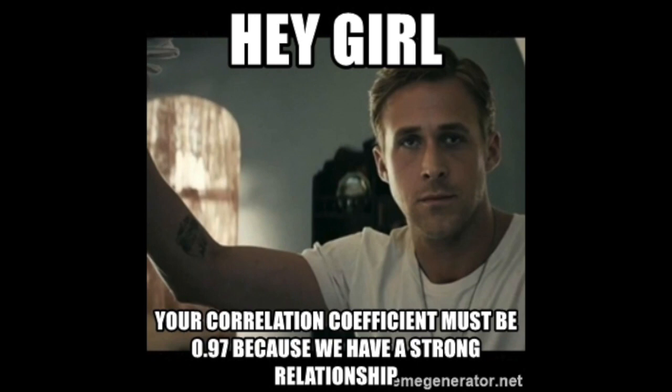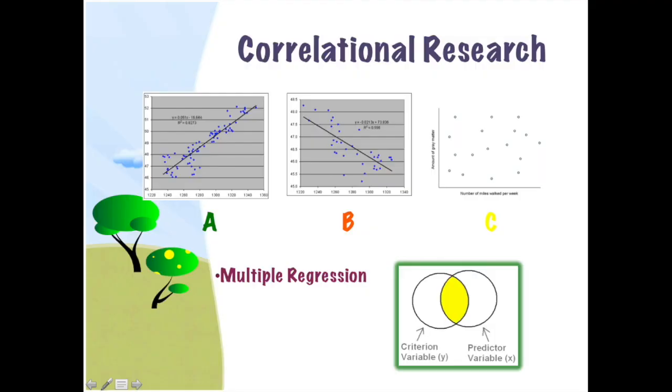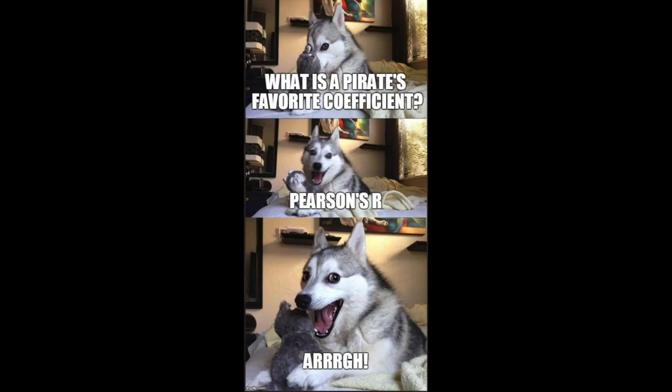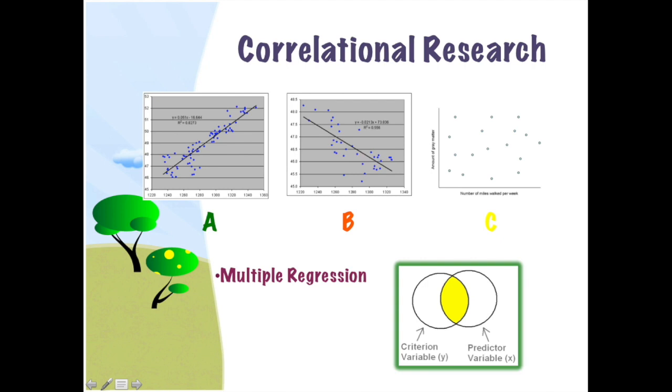For example, while there would be a correlation between ice cream sales and murder rates, it would not be appropriate to conclude that ice cream causes murder. In fact, there's probably another variable that isn't even being considered in this correlational design, which probably would be hot weather. So hot weather could be the thing that's increasing ice cream sales and also increasing murder rates, but the two variables of ice cream and murder actually have nothing to do with one another.